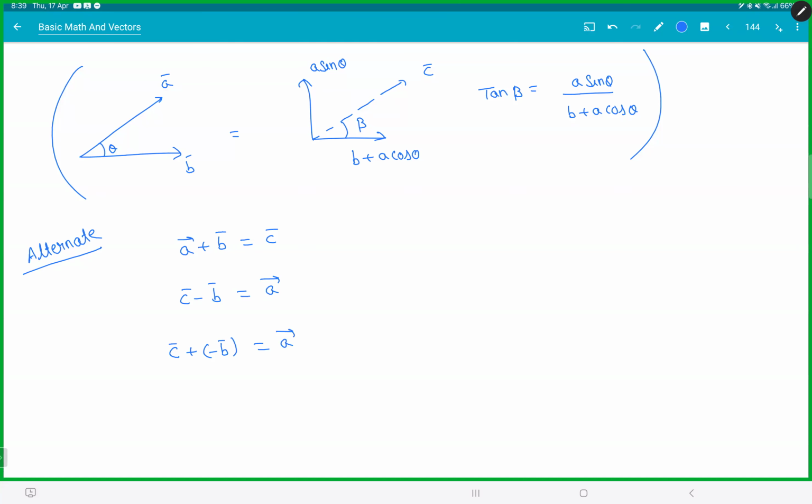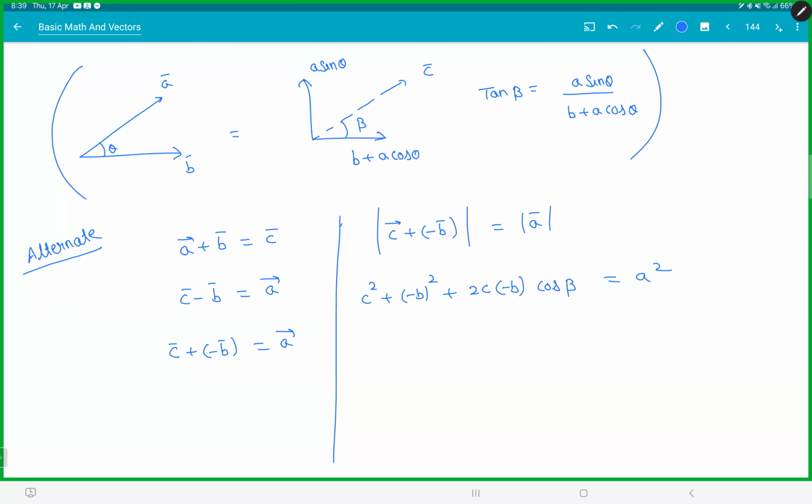Doesn't this look like the parallelogram law? The sum of two vectors is the third vector. So from this formula, what do we get? The magnitude of c plus minus b bar is mod a bar. So this will be c square plus minus b square plus 2c into minus b, with the angle between them, cos beta, is equal to a square.